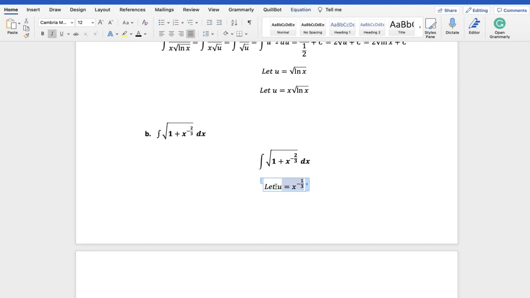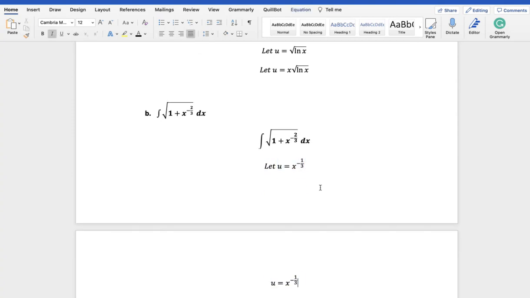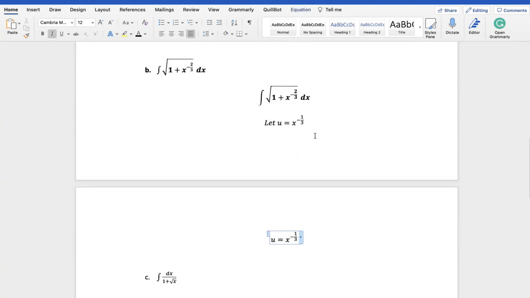Because if you have u, let me just write it down. If you have u is equal to x to the negative 1 over 3, then u squared would give you x to the negative 2 over 3, which is what you have in the question, right?